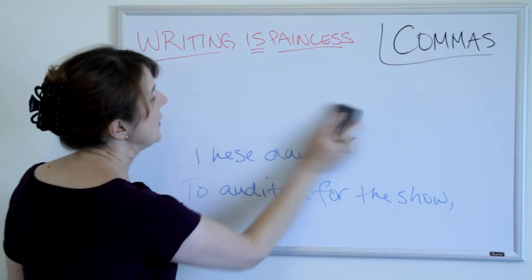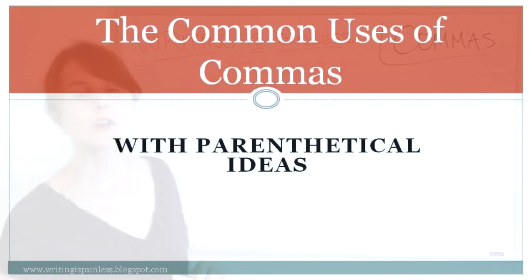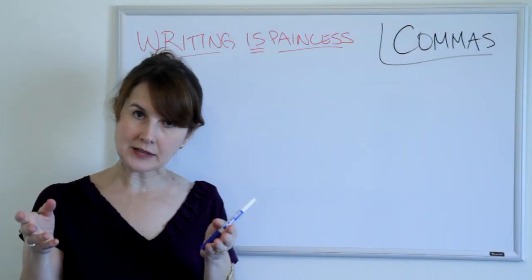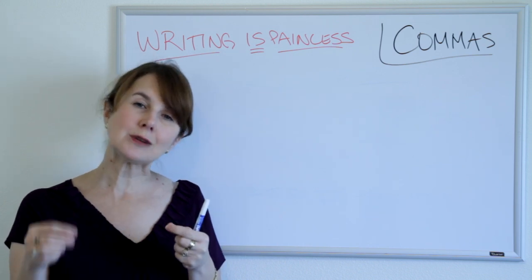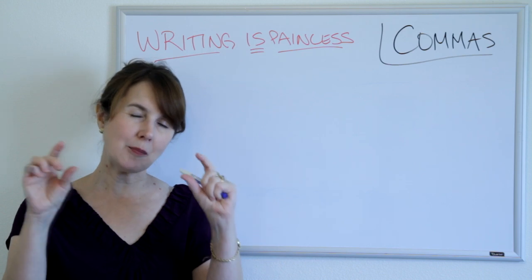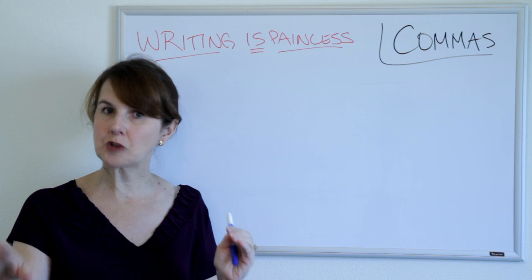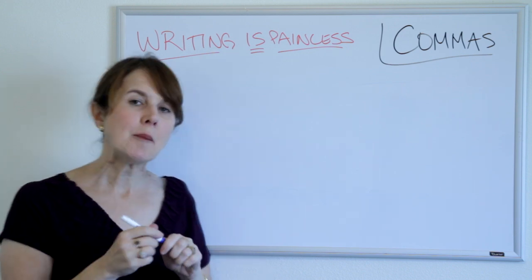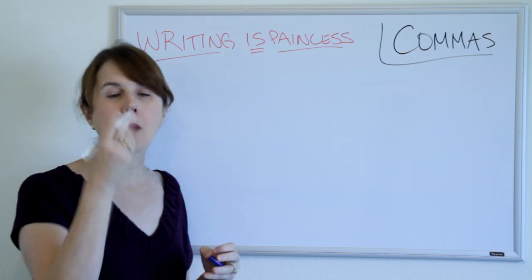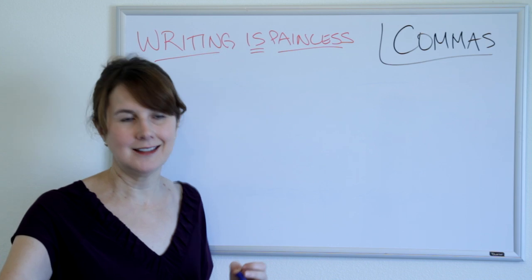The next is what we call parenthetical ideas. Parenthetical ideas are those that could be offset with parentheses, but for ease of readability you want to use commas. It's just for your reader. Parentheses are kind of hard stops, and commas allow your sentences to flow more smoothly. But they're non-essential to the meaning of the sentence. For example: "My lab, however, eats meat."